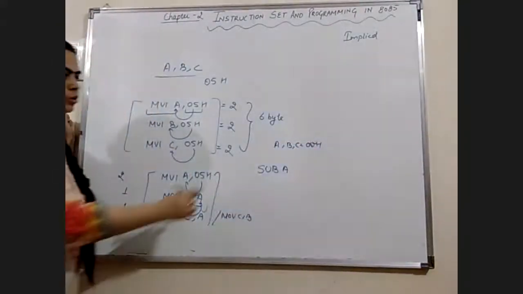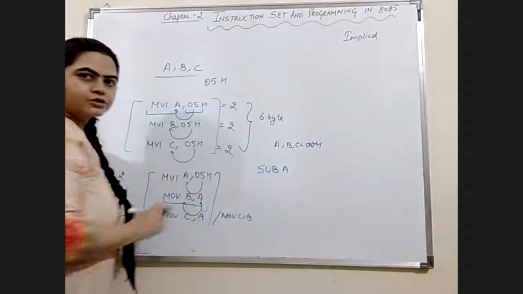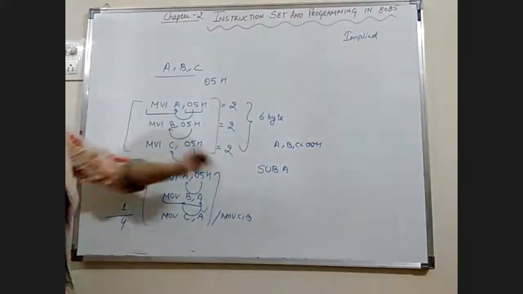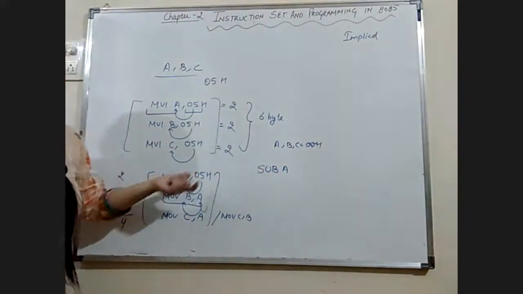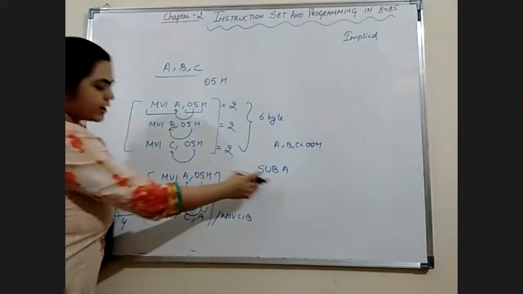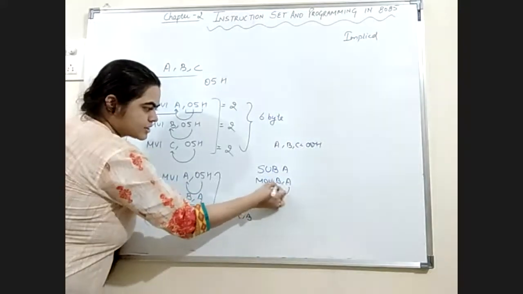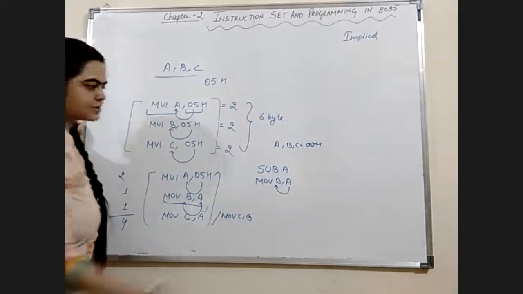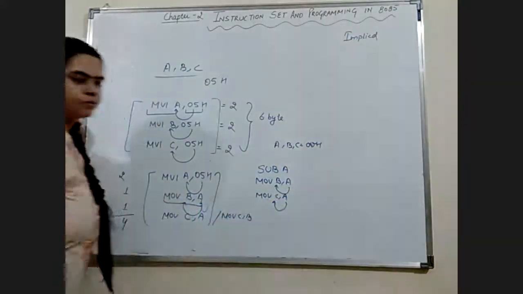So we can subtract the contents of the accumulator from the contents of the accumulator. So that means in A 00 is present, so 0 will be subtracted from 0 and the result is 0. Okay, after writing this we can write MOV B, A. So that means this 0 will be moved into the B register, and then we can write MOV C, A. Then this 0 is again moved into C.